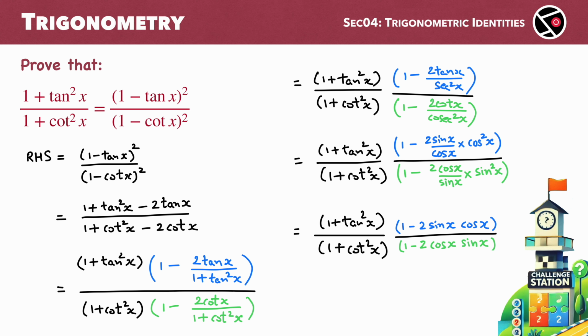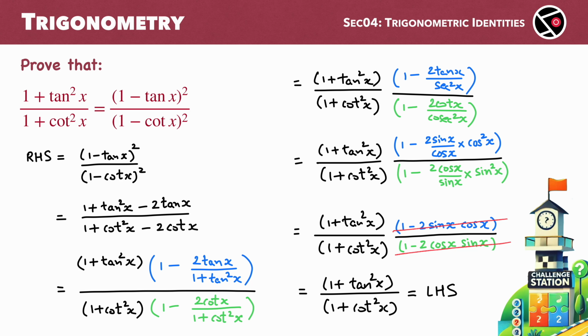Now cancelling out the common parts from numerator and denominator, we are left with 1 plus tan square x divided by 1 plus cot square x. So RHS equals LHS. And that's our proof.